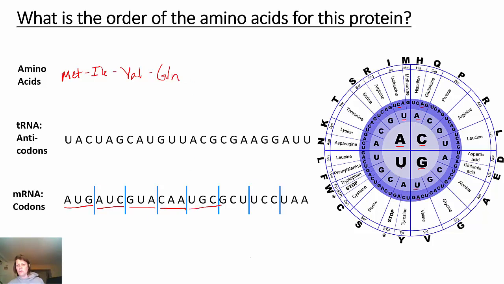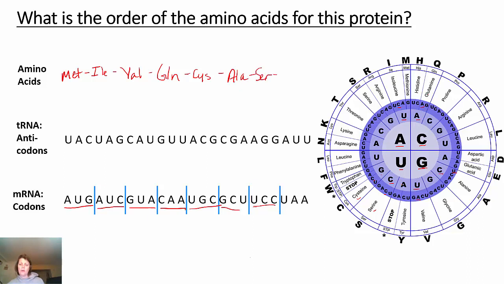UGC, UGC gives you cysteine. GCU, GCU gives you alanine. And then UCC, UCC gives you serine.